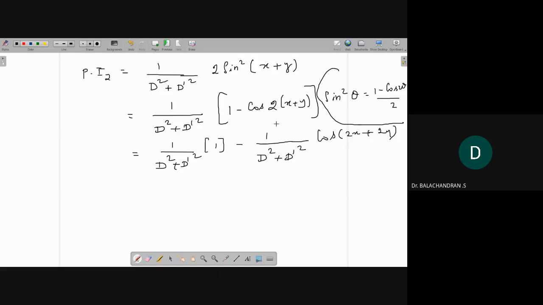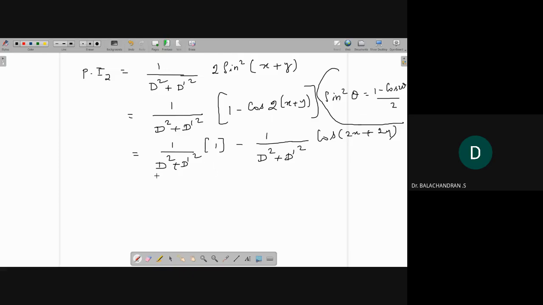So you can do the first part in 2 different methods. I will use the shortcut here. For the latter case there is another method also: you can take D square commonly, write the denominator in the form of 1 plus x, write it in the numerator, and using binomial expansion expand it and simplify further.